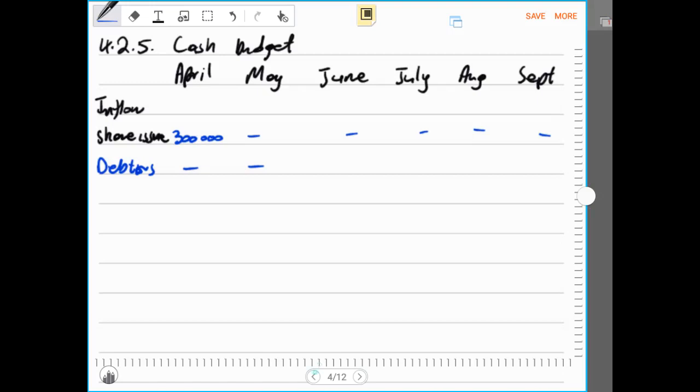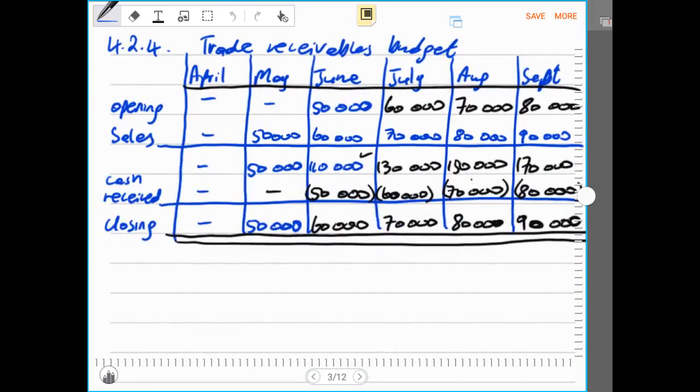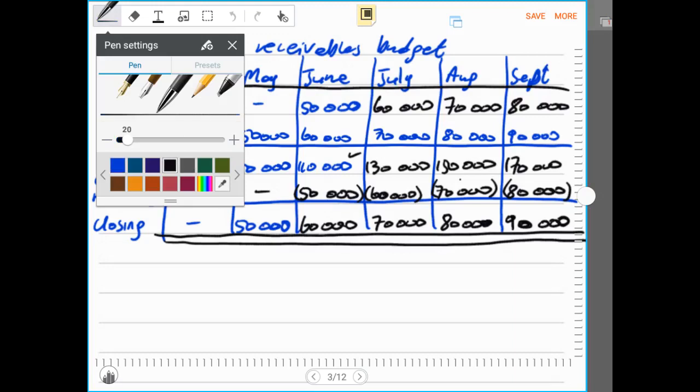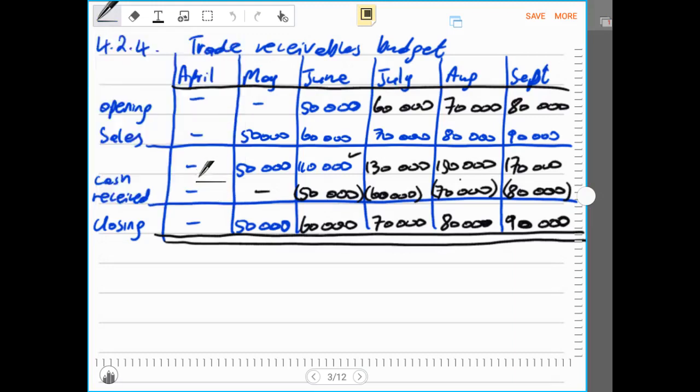With regard to debtors, we only received money starting in the month of June, because there was no cash received in April. There was nothing. In May, there was nothing. We started receiving 50, 60, 70, 80 in June, July, August, September. So I'll be recording 50,000, 60,000, 70,000, and 80,000.